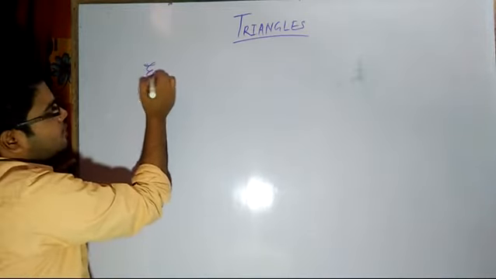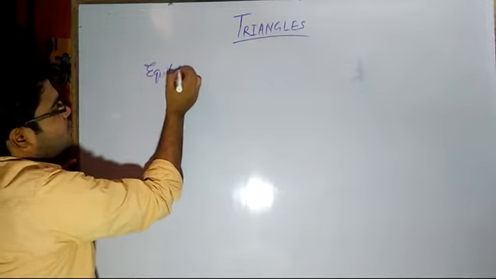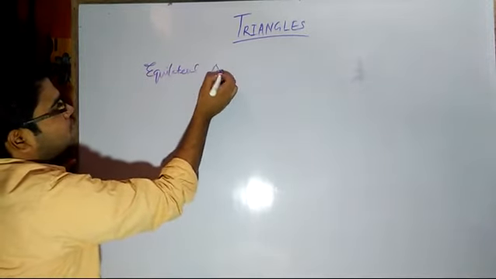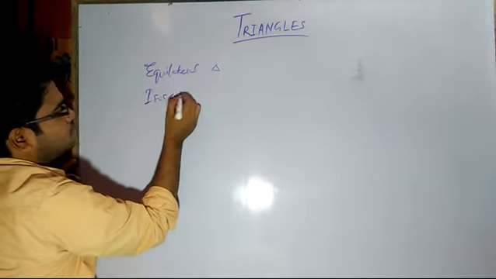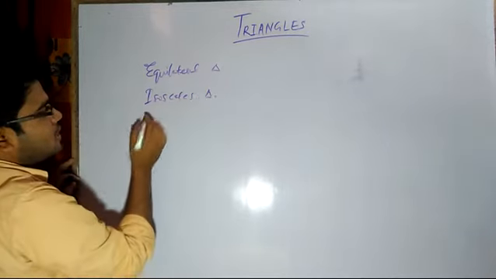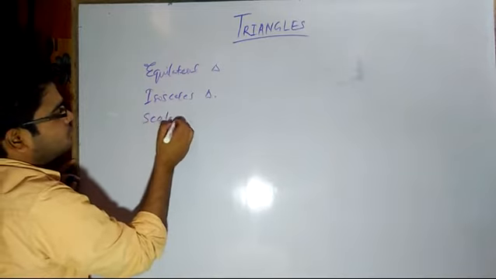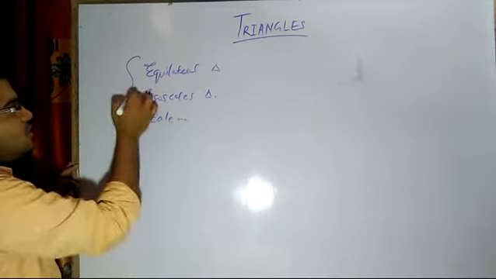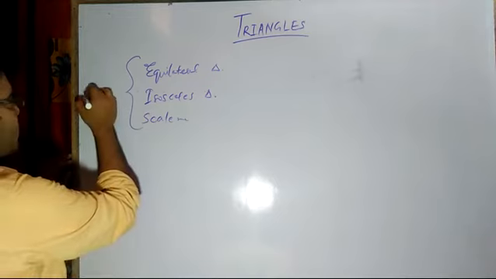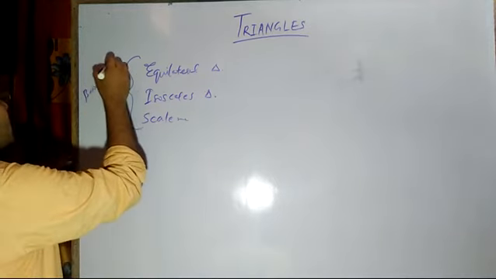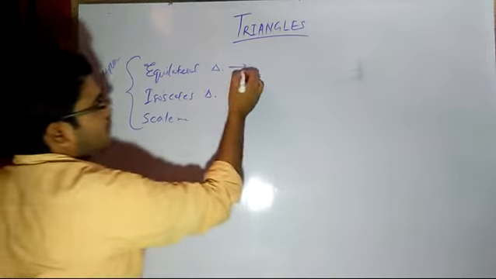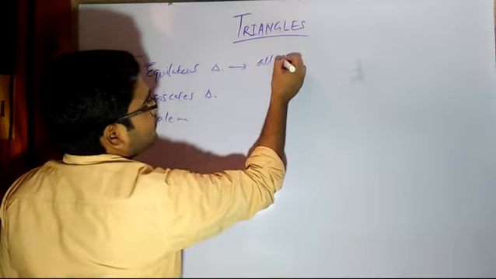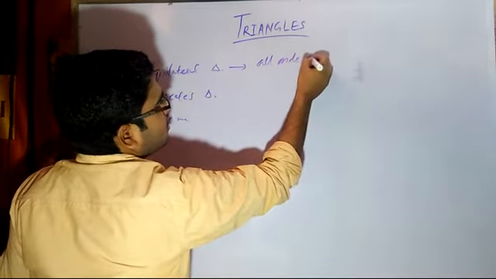Like equilateral triangle, then we have isosceles triangle, then we have scalene triangle. These three types of triangles are based upon sides, right? Equilateral is the triangle in which all sides are equal.